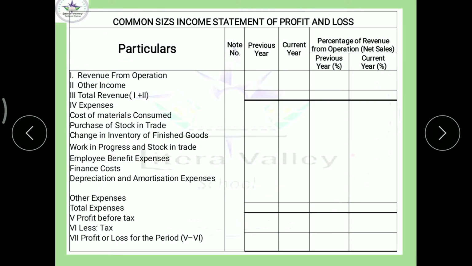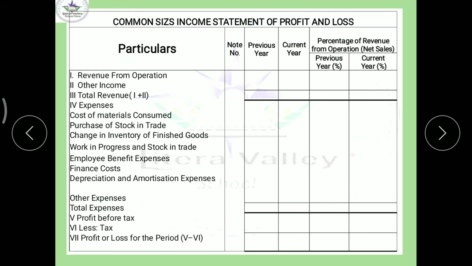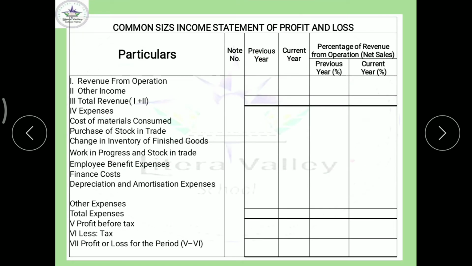From total revenue minus total expenses, you come to profit before tax, then apply the rate of tax and you get profit after tax. Same for the current year, and you have to find out the percent. Which percent do you have to write? You have to find out each component with reference to revenue.